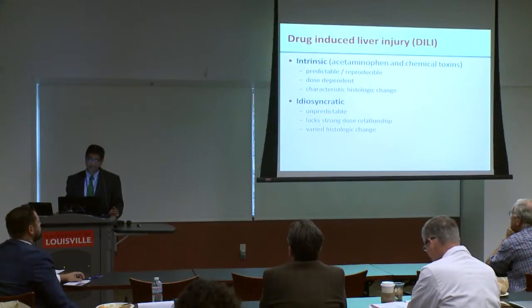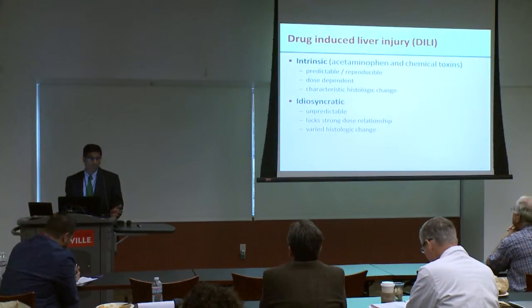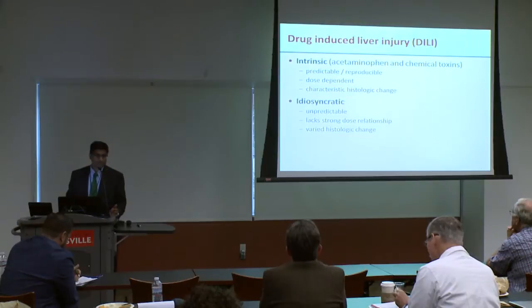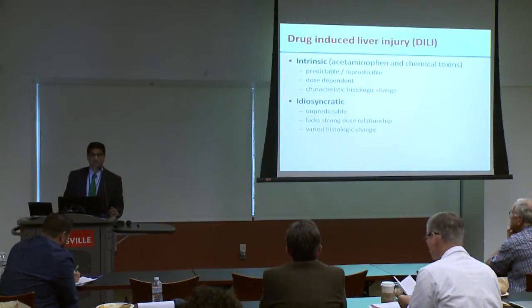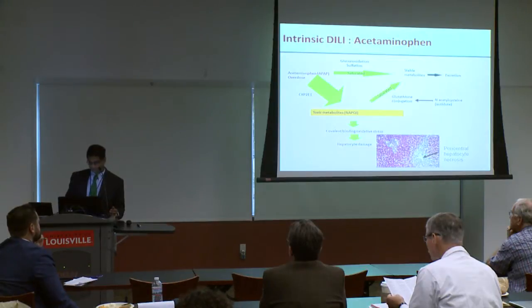Idiosyncratic is unpredictable, may lack a strong dose relationship, and the liver injury may not be the same all the time. So idiosyncratic is what we deal with as clinical hepatologists, where patients get drugs, not everybody gets the same type of liver injury.